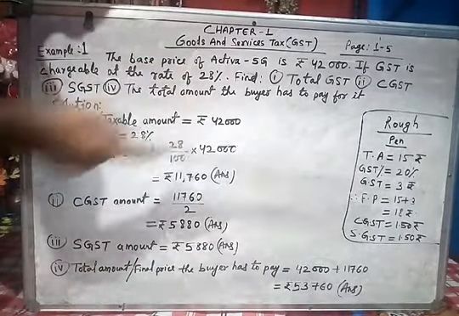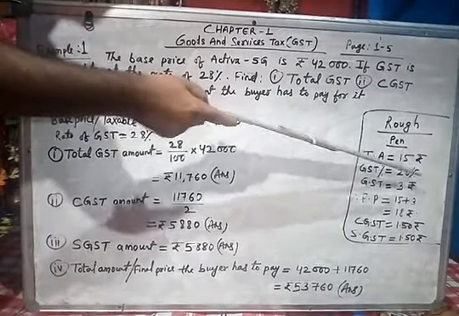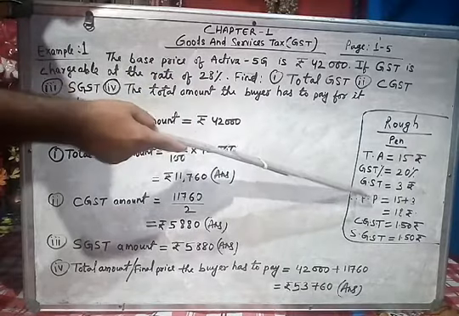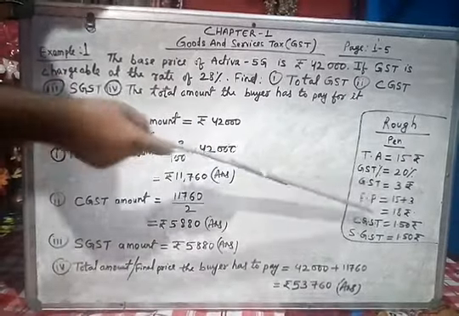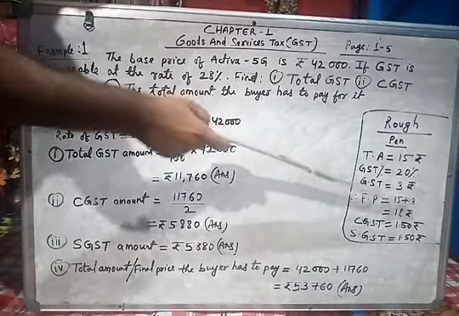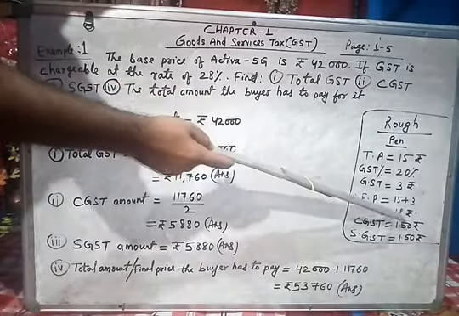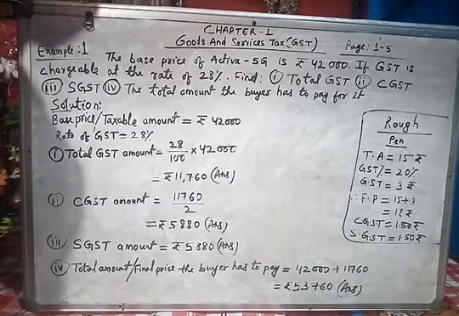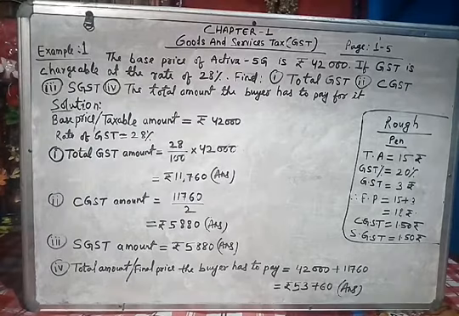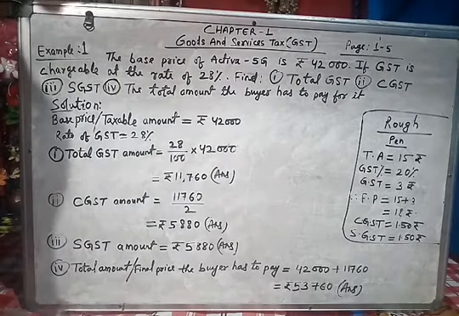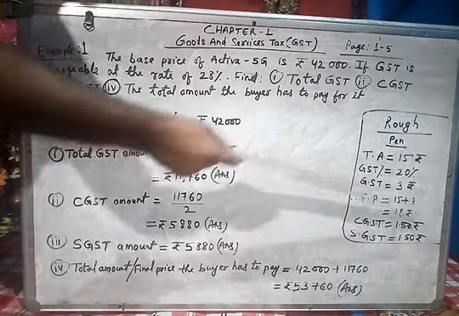So 20% of 15 rupees is 3 rupees. So our GST will be 3 rupees, and my final price will be 15 plus 3. That means I need to pay 18 rupees for the pen. So 15 rupees is the taxable amount, 3 rupees is the tax, and the final price is 18 rupees.